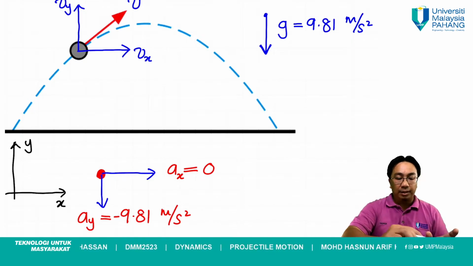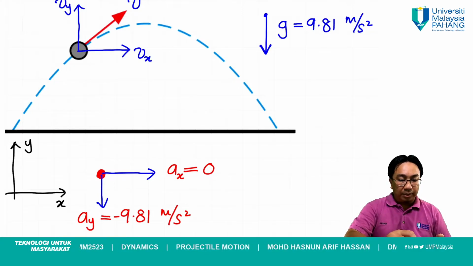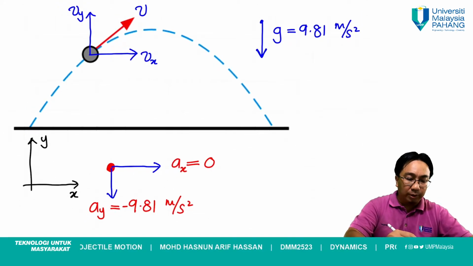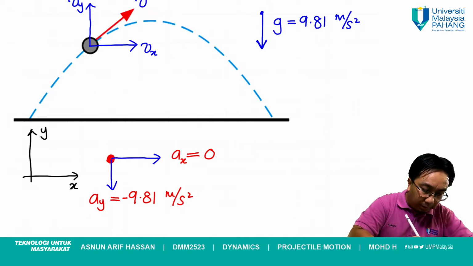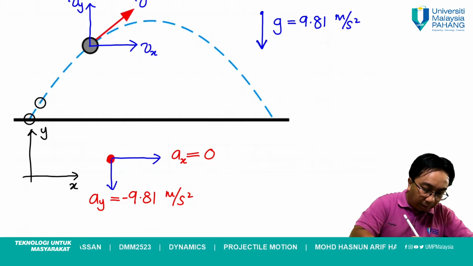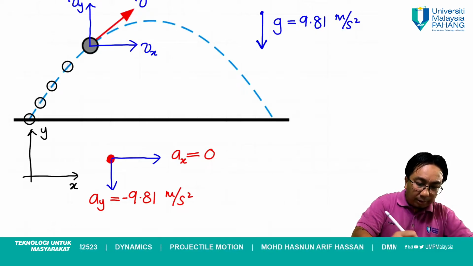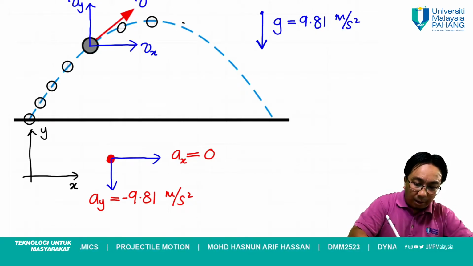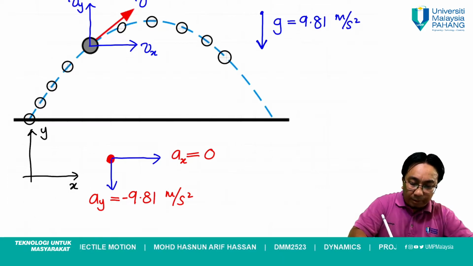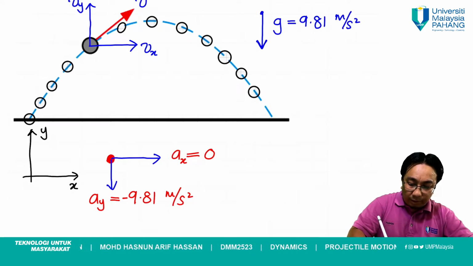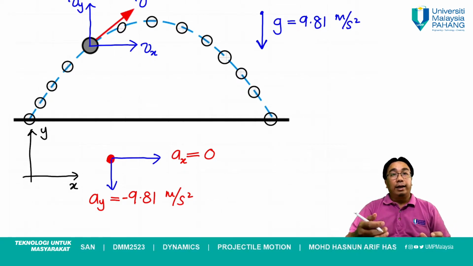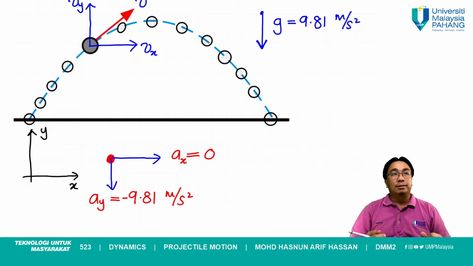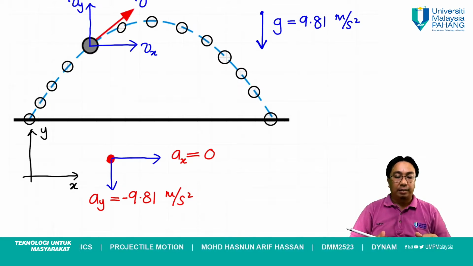So pada setiap masa projectile motion ini, katakanlah projectile ni bermula di sini, dia bergerak ke sini, ke sini, ke sini, sampailah habis motion ni. Pada sepanjang masa ax dia ialah kosong dan ay dia ialah minus 9.81 meter per second square.